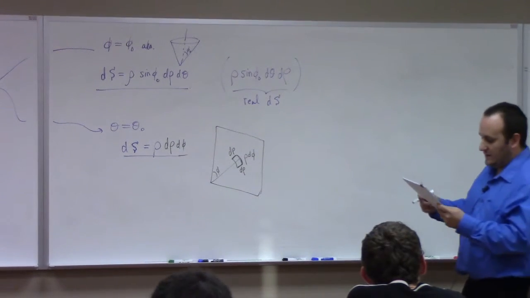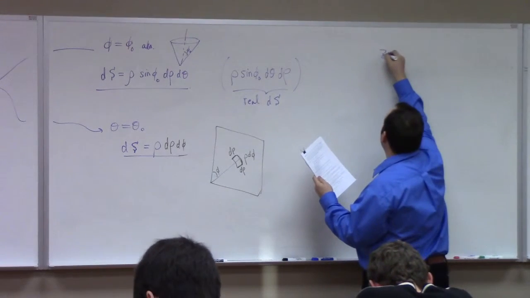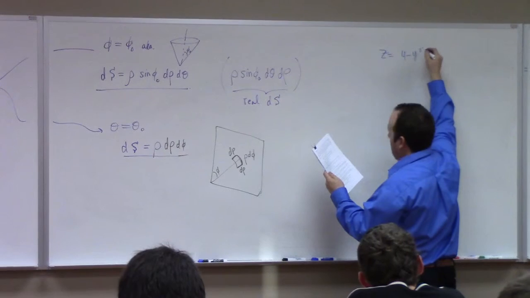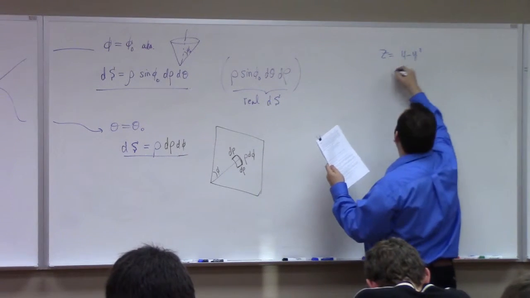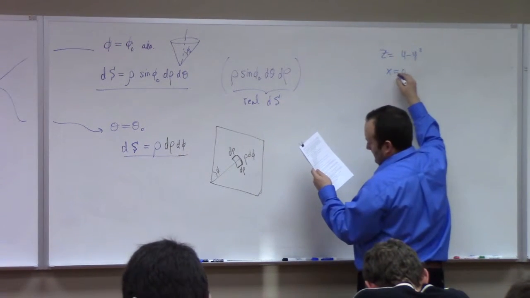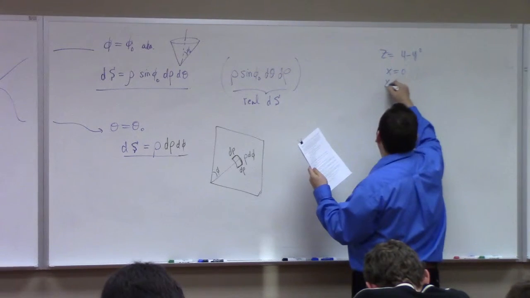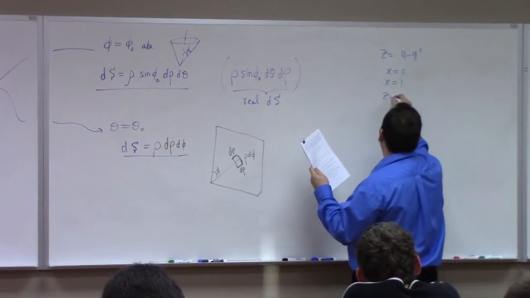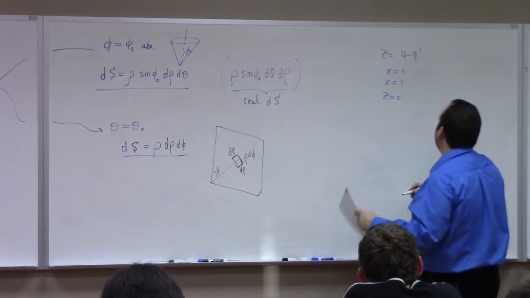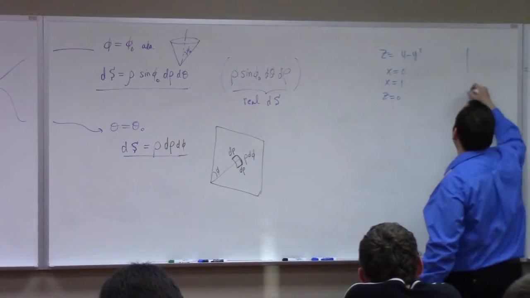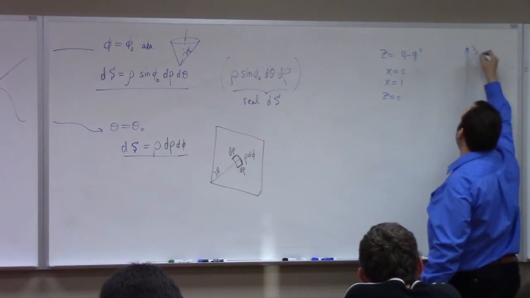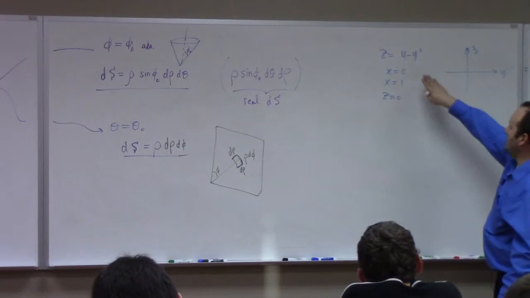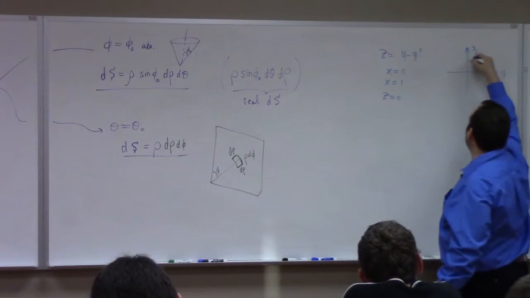Let's look at 110. You have z equal to 4 minus y squared, and x equals 0, x equals 1, z equals 0. If we draw the z, y plane, this is a parabola which opens down with z-intercept 4.